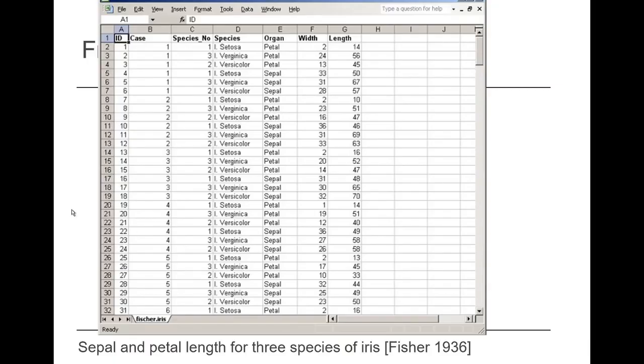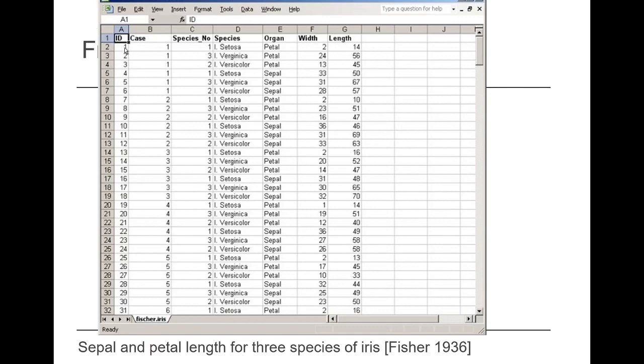Here's another table. This is the classic iris data set. What's being shown here are a number of measurements taken by Fisher in 1936 of irises, that is to say flowers, species of irises in the Gaspé Peninsula in the 1930s.